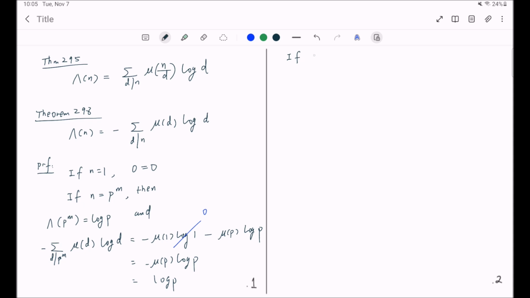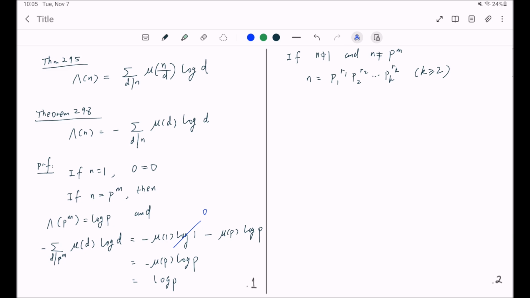Now, if n is not equal to 1 and n is not equal to a power of p, which means by the prime decomposition, n is equal to p1 to the r1, p2 to the r2, through pk to the rk, for k at least 2.